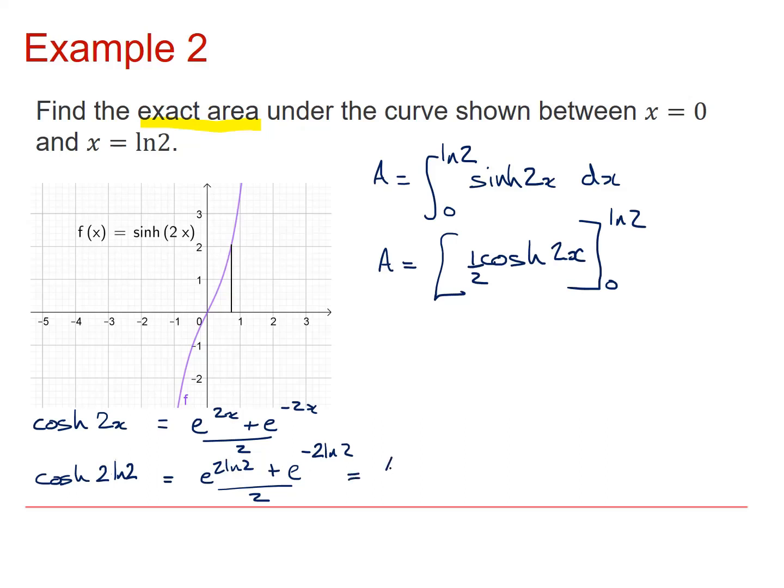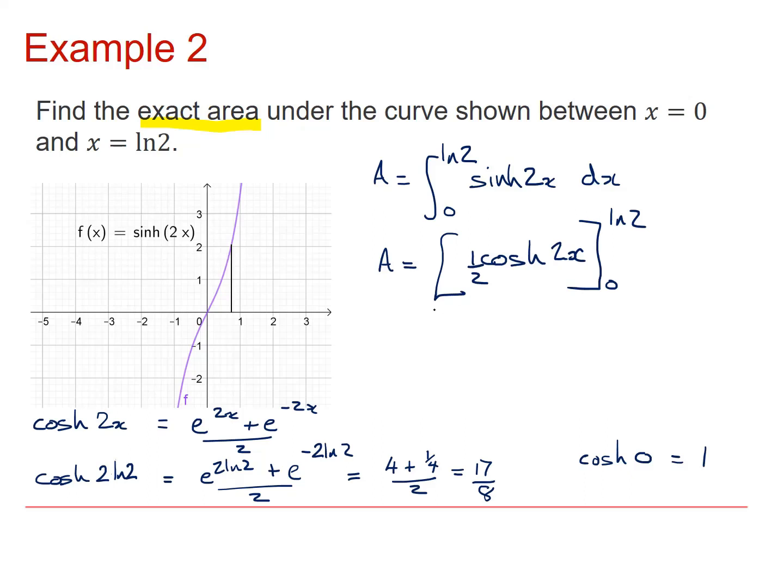So this thing is 4 plus 1 over 4, all over 2. And so 4 plus a quarter is 17 over 4. That's going to give me 17 over 8. And similarly, the cosh of 0 is just going to be 1. We've actually seen in a previous video that the graph goes through 0, 1. So we do know that cosh 0 is equal to 1.